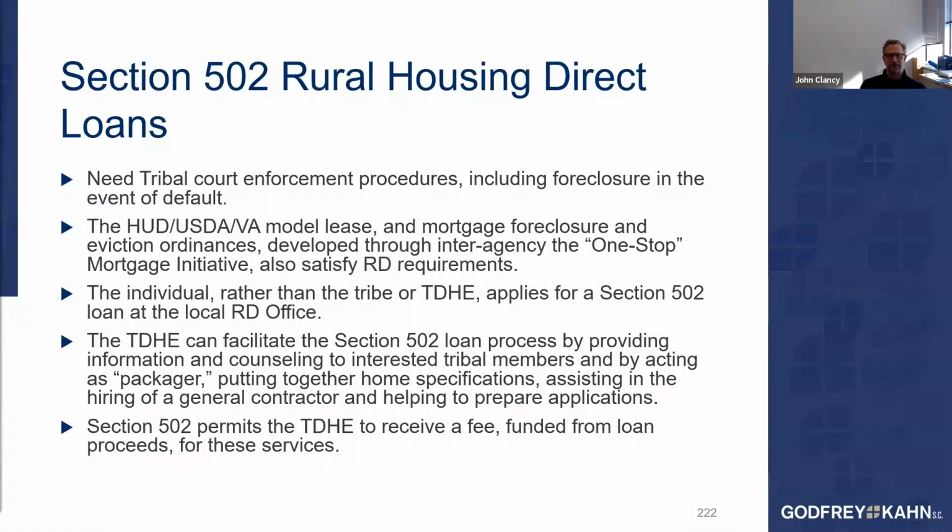And 502 has money that is available to the TDHE if it acts as a packager, which comes from the loan proceeds once it's paid out. So the TDHE can have an important role under this program in making members aware of both its benefits and its requirements, which they have to make sure they can be comfortable with, and then helping them put their application together and work with their contractor building a home.